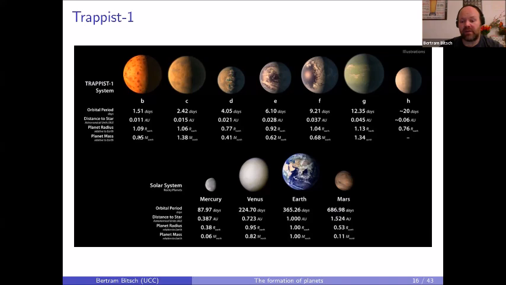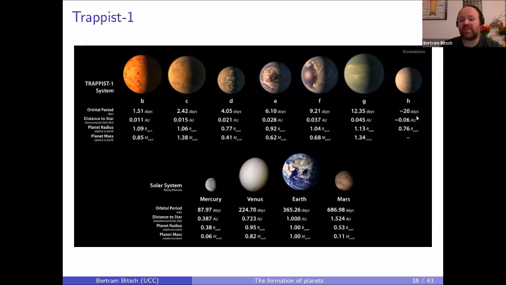Now, additionally, these planets, of course, orbit much closer to the central star. So you see the innermost planet in the Trappist system orbits the star at around 0.01 astronomical units. So much closer than Mercury, which sits at roughly 0.4 astronomical units. Even the outermost planet H sits only at 0.06 astronomical units.